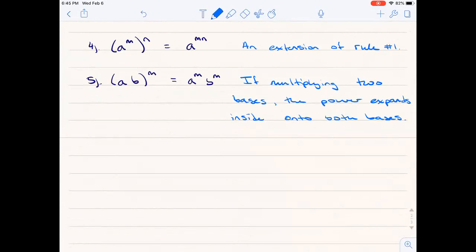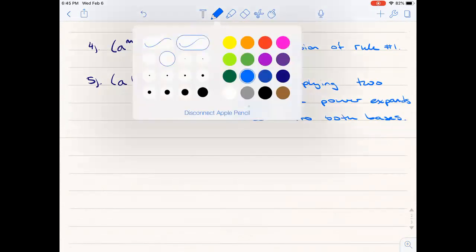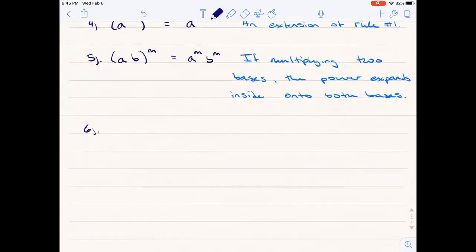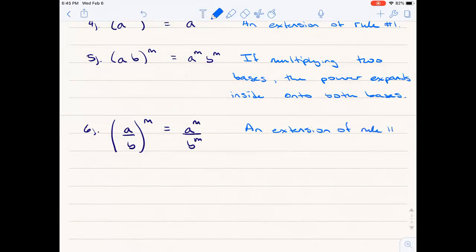If I had to guess, the next rule is just the same thing, but with division inside. So rule 6, if you have something like A over B all to the power of M, you can rewrite that as A to the power of M over B to the power of M, which is just an extension of rule number 5.